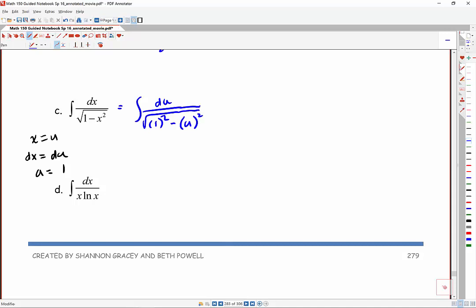And then it will match your formula for du over the square root of a squared minus u squared perfectly. Let's finish this. This guy was our a, and then our u is just x. So again, you did not need to do a u substitution for this, but just to show you the pattern here. So this is just going to give us, good, arcsine of u.